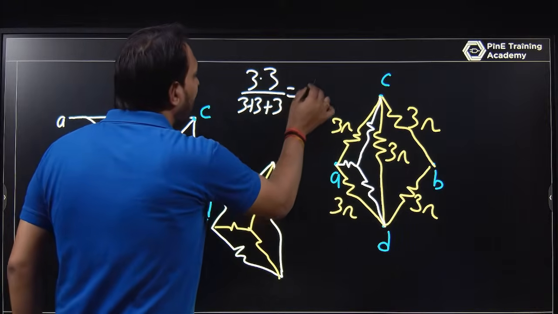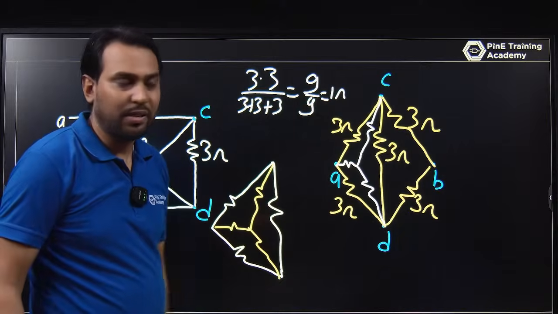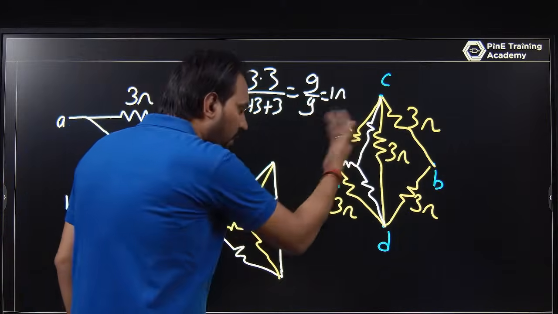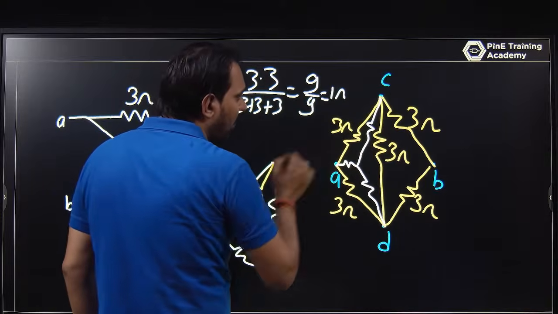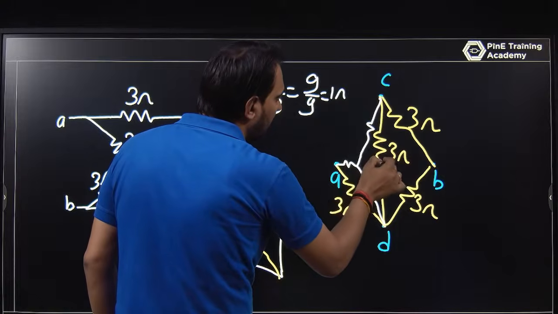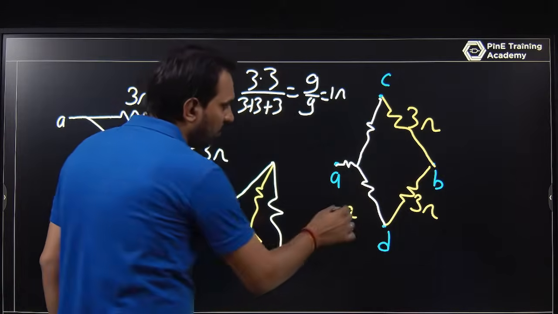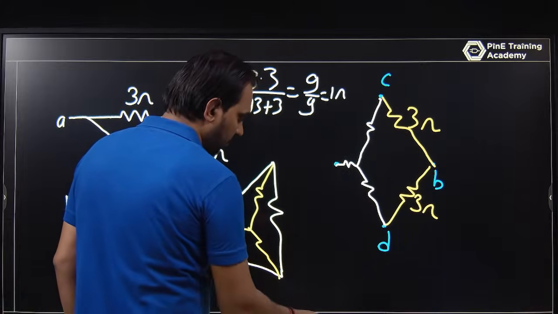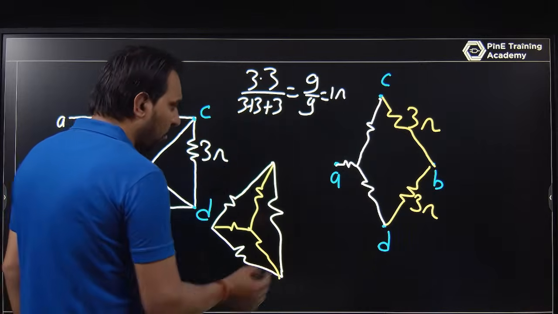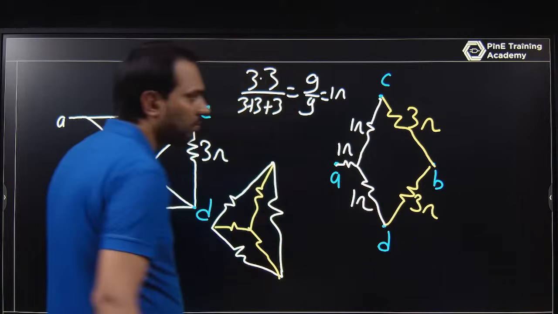So this becomes 9 upon 9, that is 1 ohm. Or I can say Z by 3. So if you are converting delta to star, this circuit will be removed, and the value is 1 ohm, 1 ohm and 1 ohm.